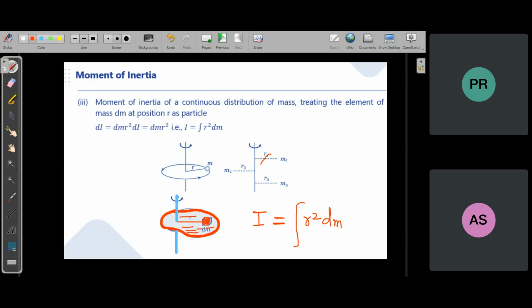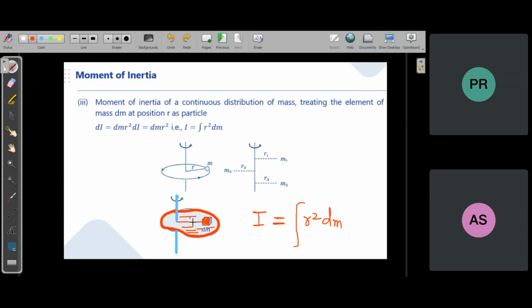For example, in this region, is there any mass here? No. Here is the mass, and then directly here is the mass. So this is discrete, lumps of masses at certain distances.